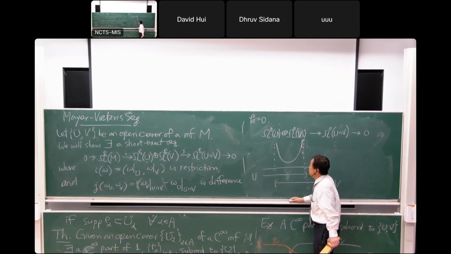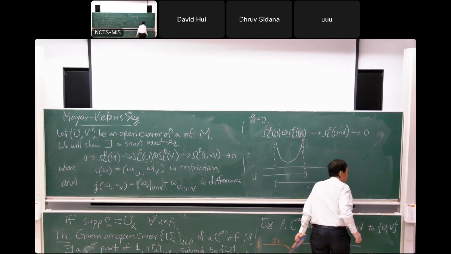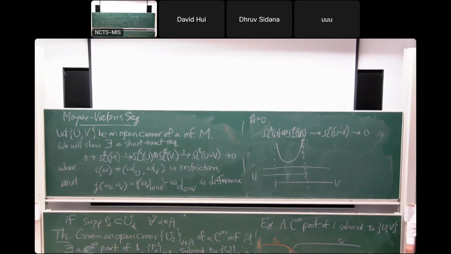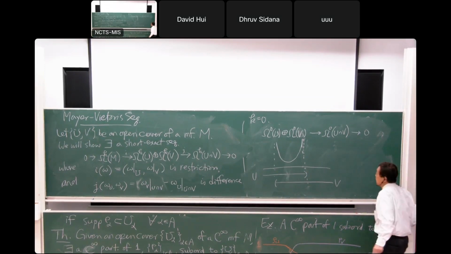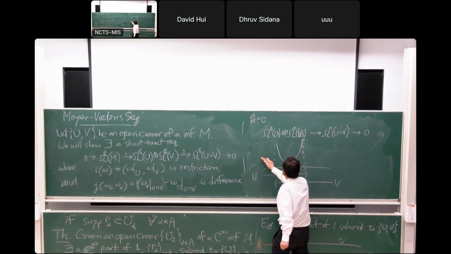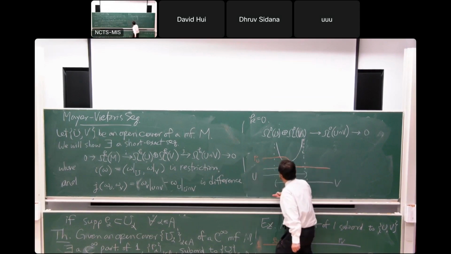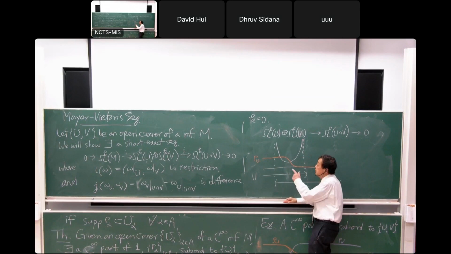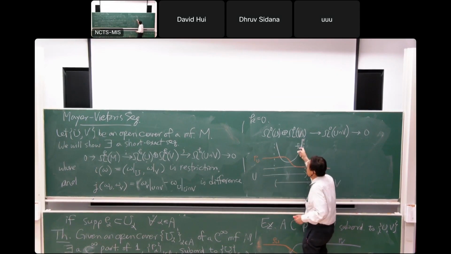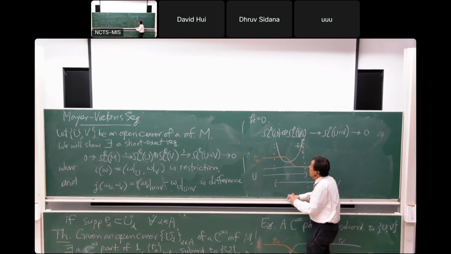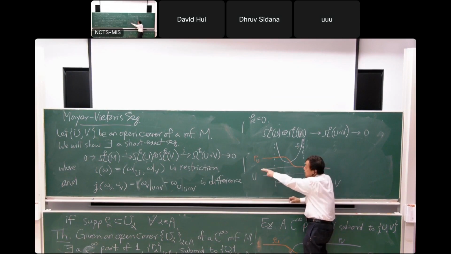And that's where the partition of unity comes in. So if you have a partition of unity subordinate to this open cover, say rho U looks like this. And you see that if you multiply your function f by rho U, it's going to be infinite here, so it's not defined there.